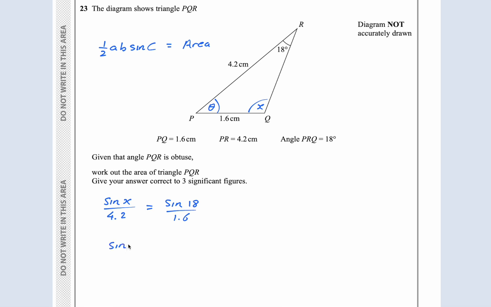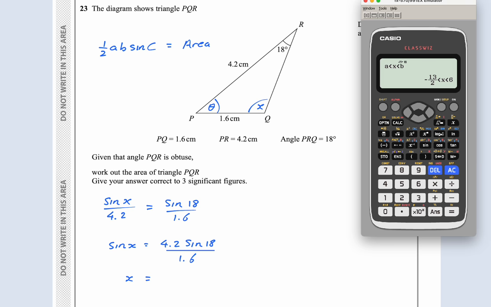Then sine of x equals 4.2. I'm going to multiply across. So 4.2 sine 18 over 1.6. And finally, x is the inverse sine of that, right? So I need inverse sine. Sorry, I need to go back here, guys. Sorry, escape on menu 1.